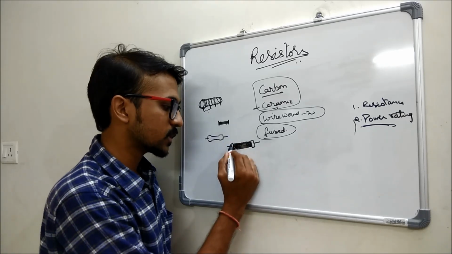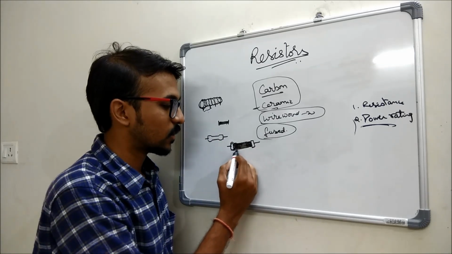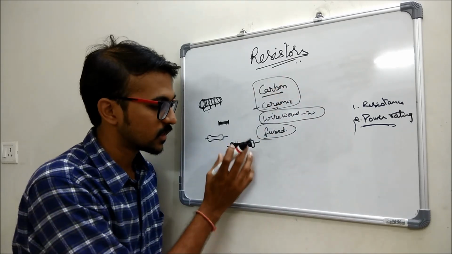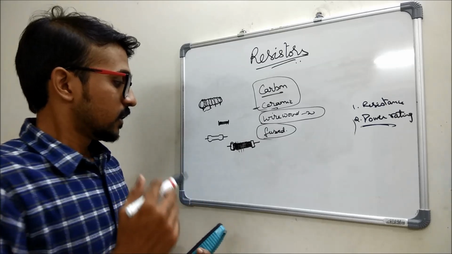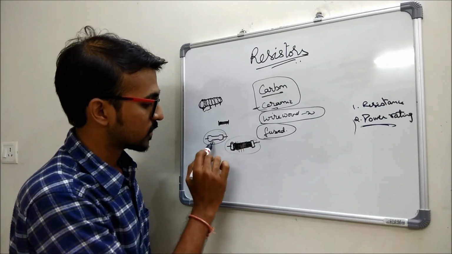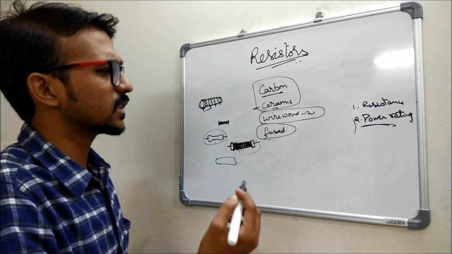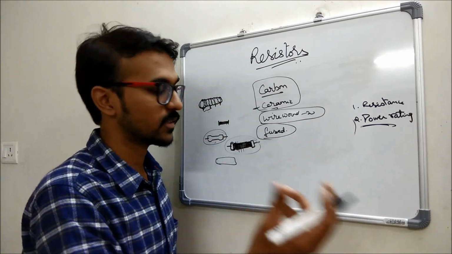And the top is covered with paint, ceramic or whatever, and then they'll put the coating on top of it, so that we can identify the resistance of the resistor. So that is the reason why the shape of the resistor is like this and not completely like a cylinder. And there are other resistors as well, which you call assembly resistors or surface mount type resistors.